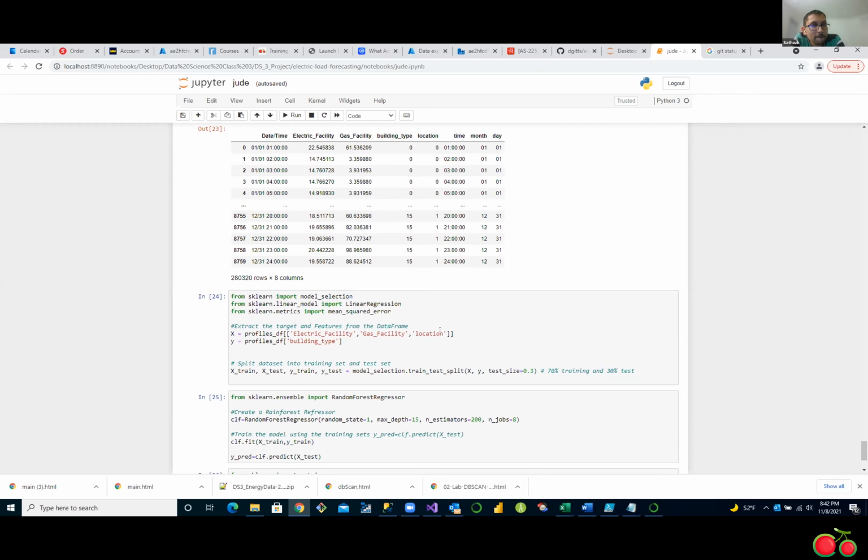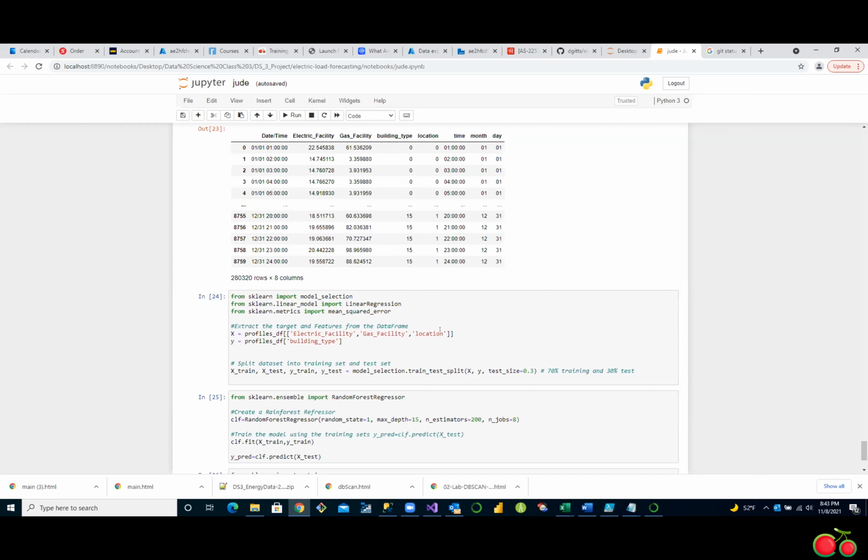I use the building type as the target, since the building is what we are trying to target. What are you trying to do? We are trying to forecast the total amount of energy used in all these buildings. Is that not what we want to do? Correct. So then what is the target? So the building is the target.